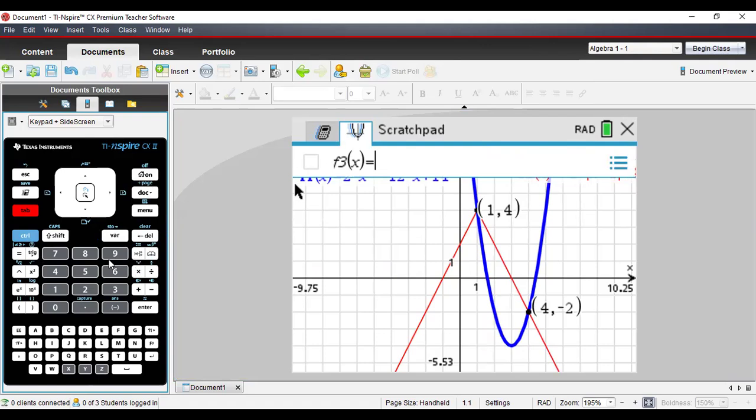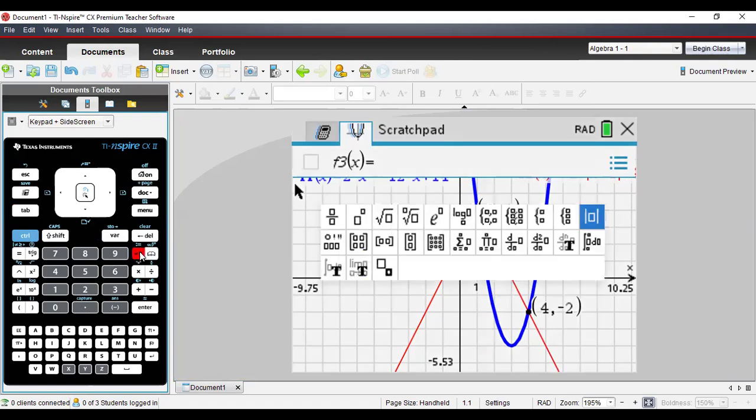Everything that you will ever need will be in this key right next to the book. You have stack fractions, exponentials, square roots, exponential functions here. You can have logarithms, piecewise functions, and absolute values. This is a really important key, so pay attention to that.